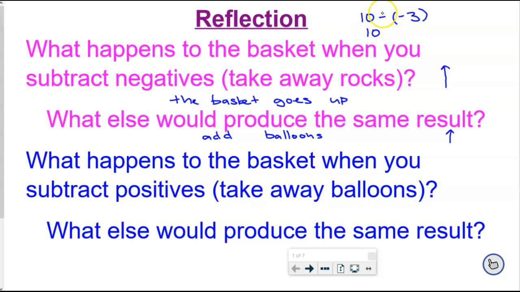So instead of a takeaway or subtraction problem, it can be an addition problem. Instead of taking away rocks or negatives, I could change it to adding balloons or positives.